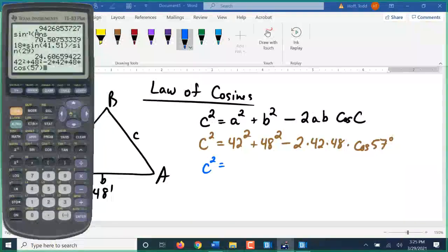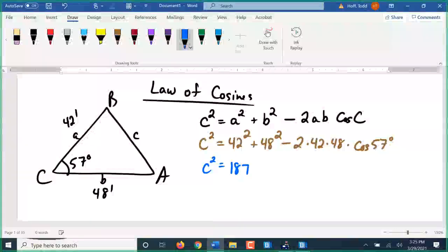Notice I typed that all in without ever hitting equals. That is the best way to do it because there's only a couple of spots here where you can hit the enter or equals key and screw up the calculation. So it's best to put the whole thing in all at once. I get 1872.02. Now that is C squared.